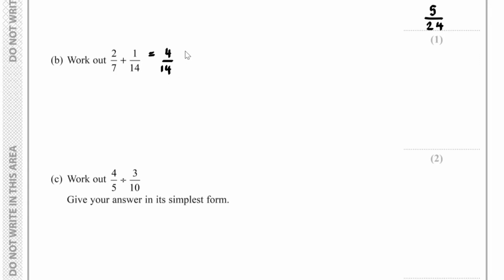So I've got 4 over 14 plus 1 over 14, and it turns out what we end up with out of 14 is 4 plus 1, which is 5. So we have 5 out of 14.